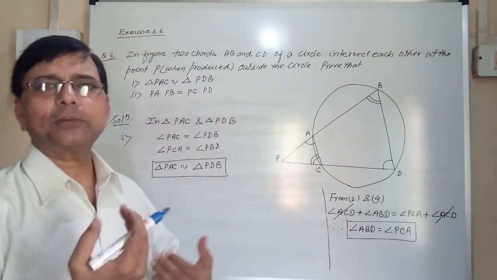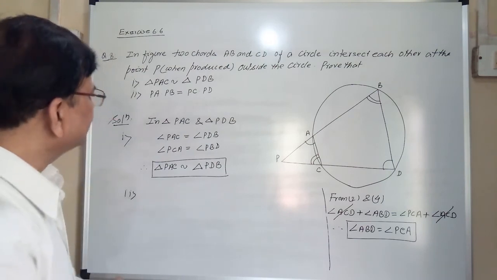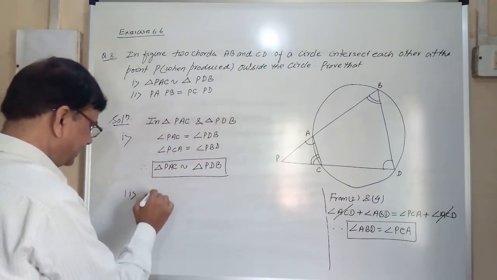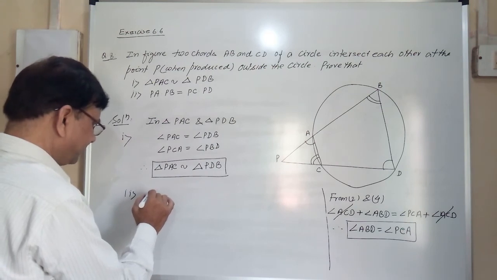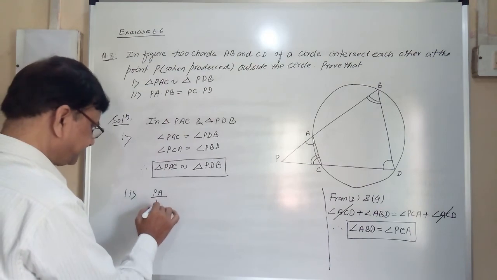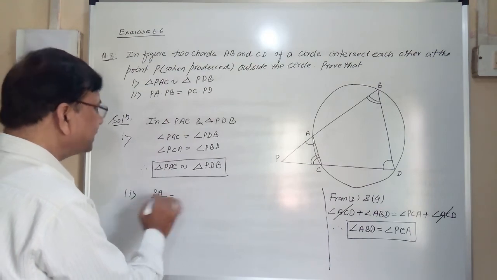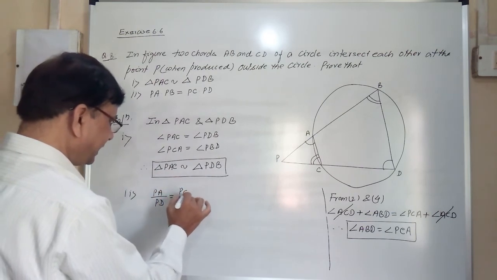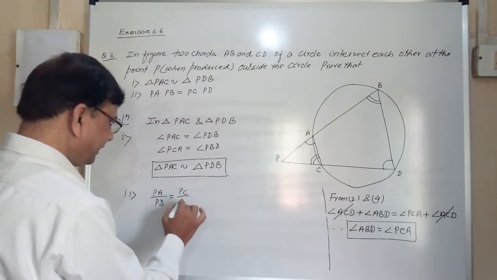So finding the ratio of the sides is very easy now. PA corresponds to PD, is equal to PC corresponds to PB.